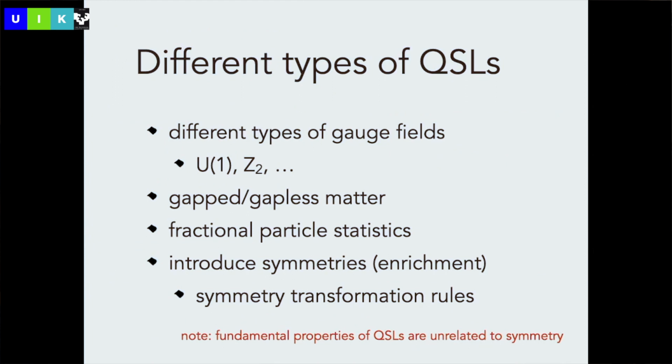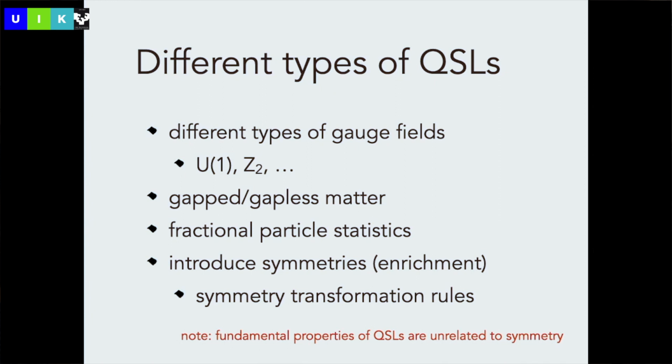So there are different types of quantum spin liquids, and in particular, there are different types which depend on the gauge field, that is, on the constraint that, if you're a theorist, you've chosen. If you're nature, you've also chosen, but you've chosen right. They're also distinguished by whether they're gapped or gapless.